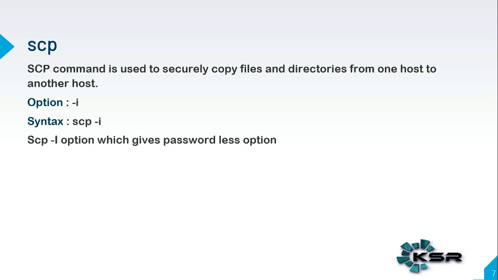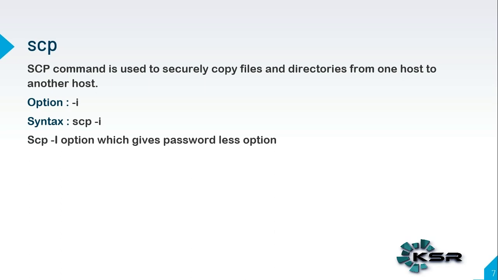With scp, if the hyphen i option is used, then you can copy passwordless. Otherwise, it will ask for a username and password. But if you use the hyphen i option, it will not prompt for a username and password. So when you use scp hyphen i, it will copy without asking you for a password.